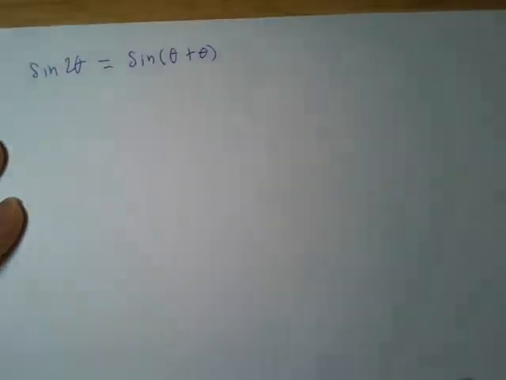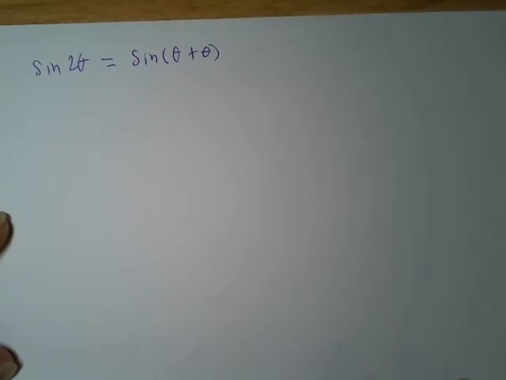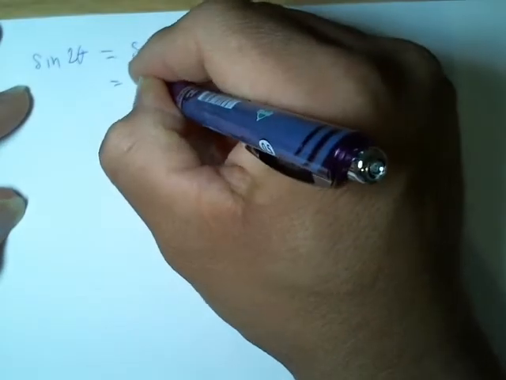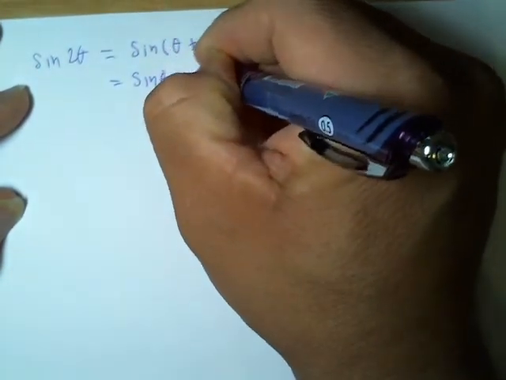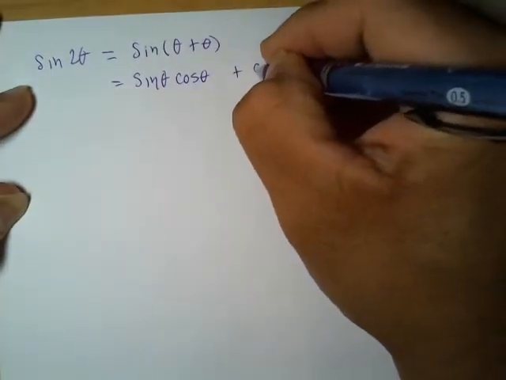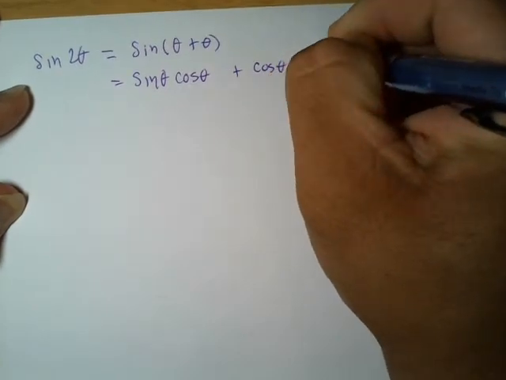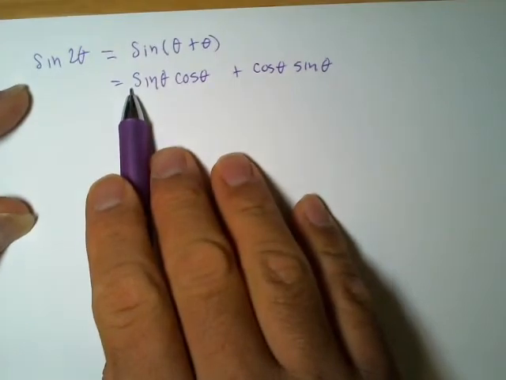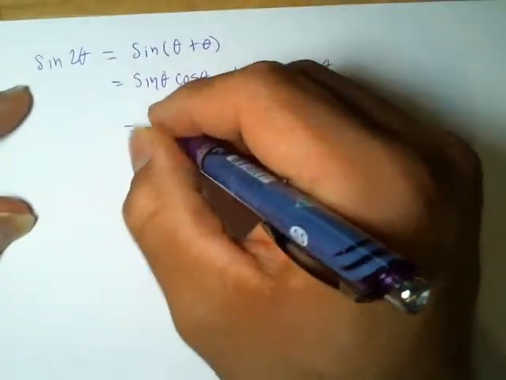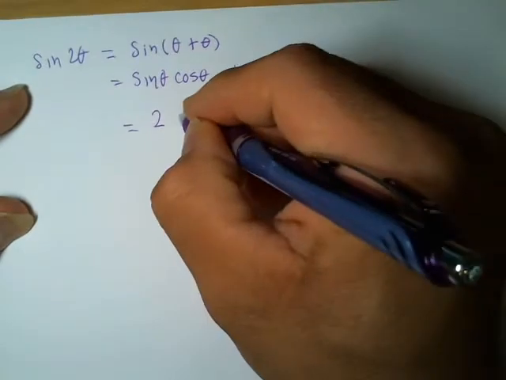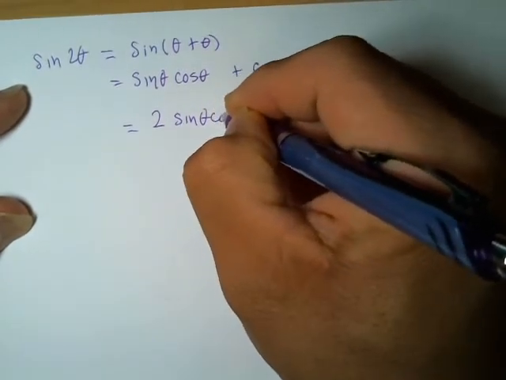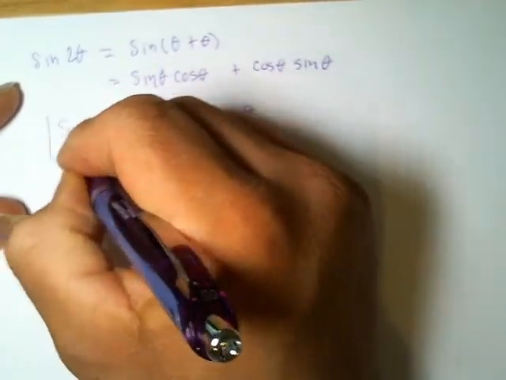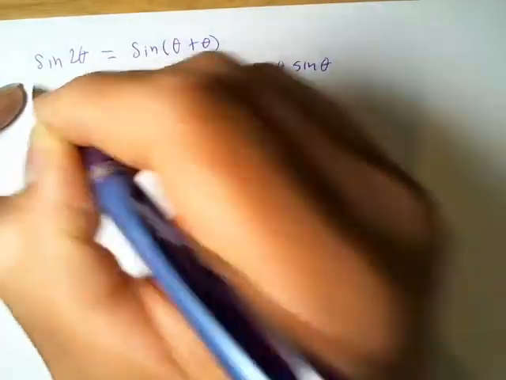Split up 2 theta as theta plus theta, and then use the formula that I proved already, where we have sine theta cosine theta plus cosine theta sine theta. These are like terms, they're the same, so I have one of these plus one of these. Sum them together, we get 2 sine theta cosine theta. This only has one representation. I can't take advantage of the Pythagorean identity here.